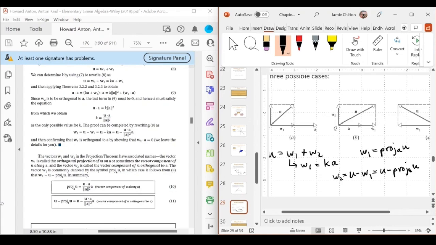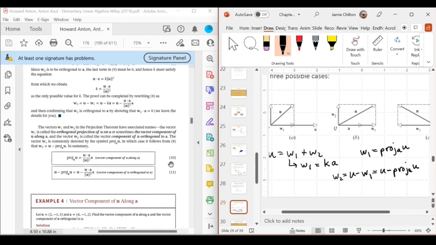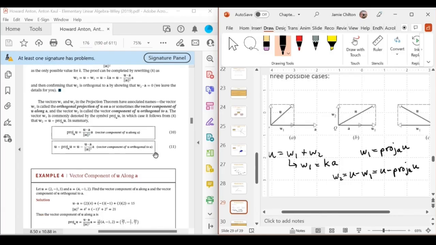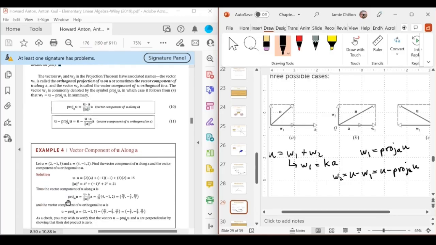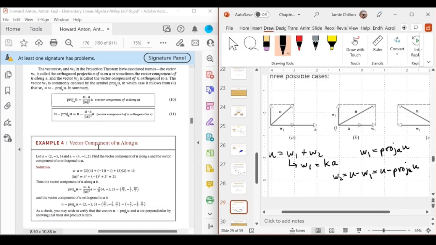So you're going to want to look at equations 10 and 11. And basically, you just want to look at example 4. Here they've given you U and they've given you A, and now you're going to decompose that vector U and figure out what your W1 and your W2 are, using the projection notation.